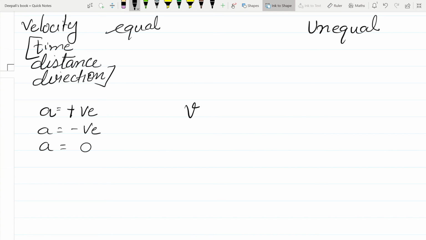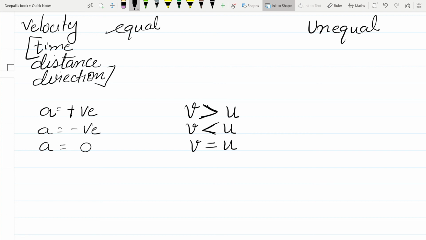When final velocity is greater than initial velocity, a is positive. When final velocity is less than initial velocity, a is negative. And when initial and final velocity are equal to each other, a is 0.